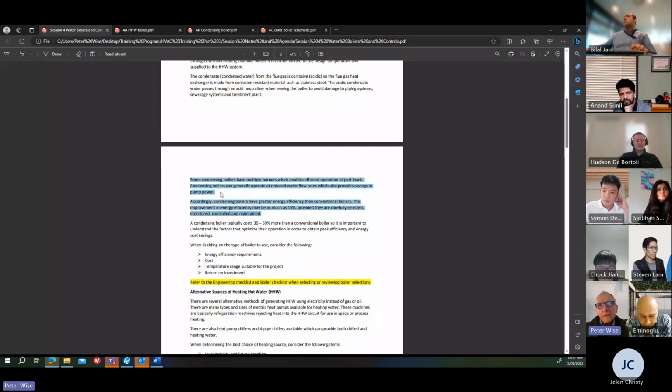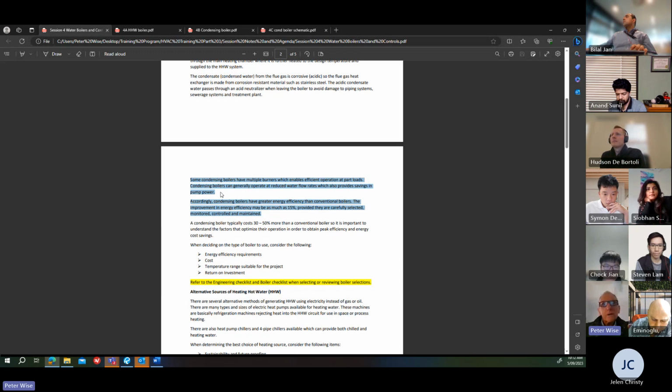Again, look, you can check with the manufacturers, there may be options available for reduced flow rates on conventional boilers, but normally it's 100% flow. Condensing boilers can go down to very low flow rates, which is a big saving on pump power and allows you to just provide the amount of water that's needed for the heating in the field.